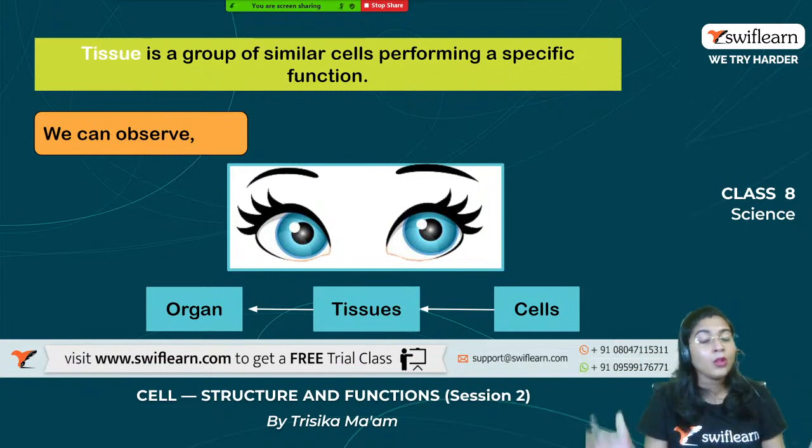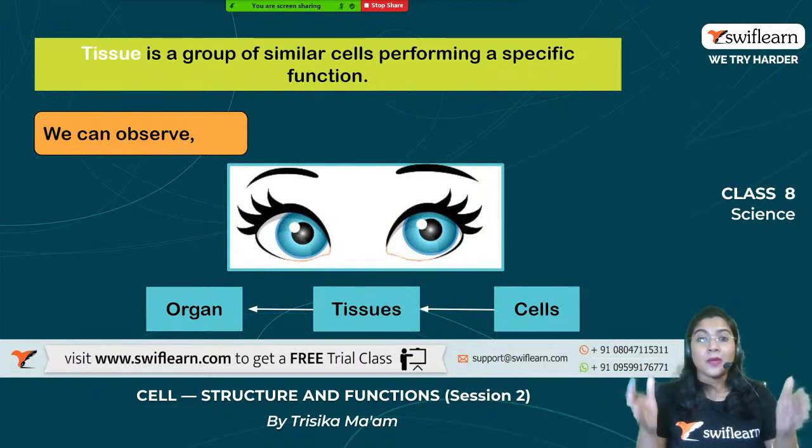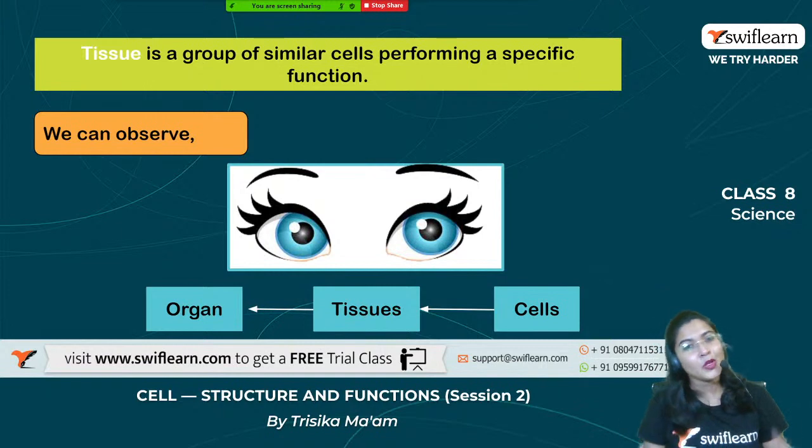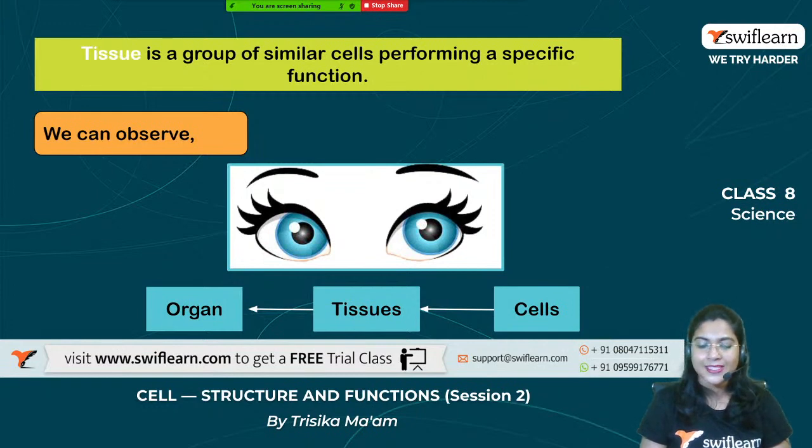And all these organ systems are combining and coordinating with each other to form the whole living organism, whether it is a plant or animal or microorganism. Fine. So up to this much, if you have any question in your mind, you can ask me in the chat box.